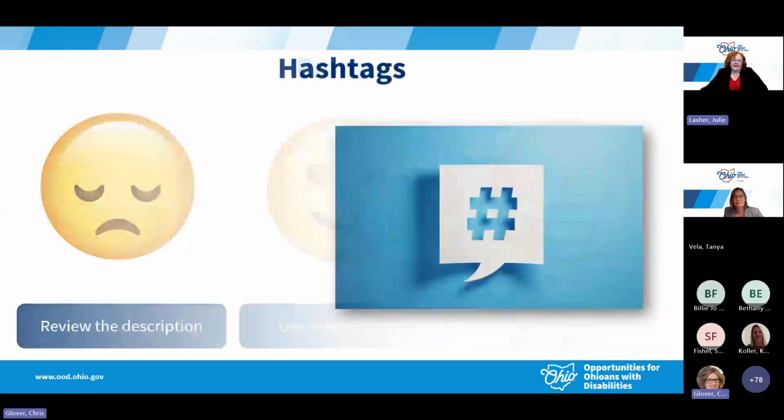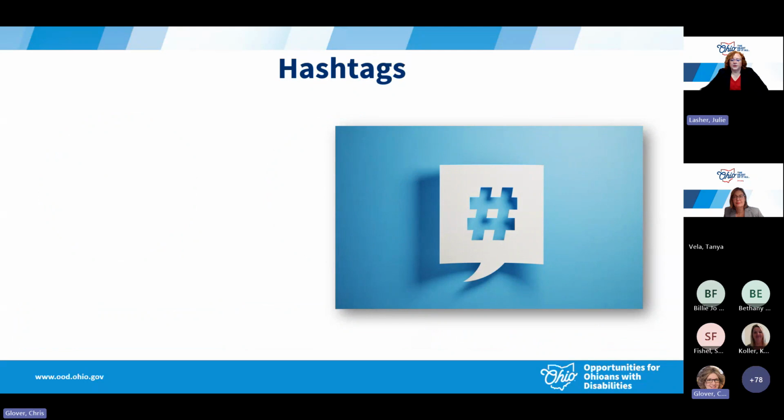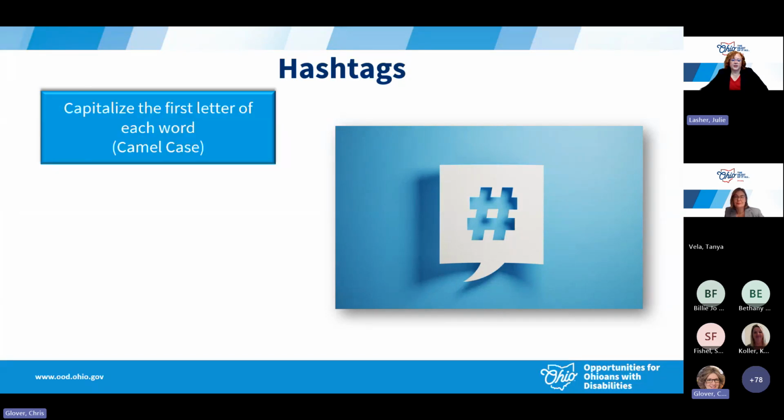So hashtags connect us to events, places, people, and more. They are used to help social media users find and engage with posts and they help categorize, organize, and track content. So just like emojis, hashtags can be interpreted in more than one way, so it's important to create these in an accessible format. So to make sure the right message is conveyed, capitalize the first letter of each word.